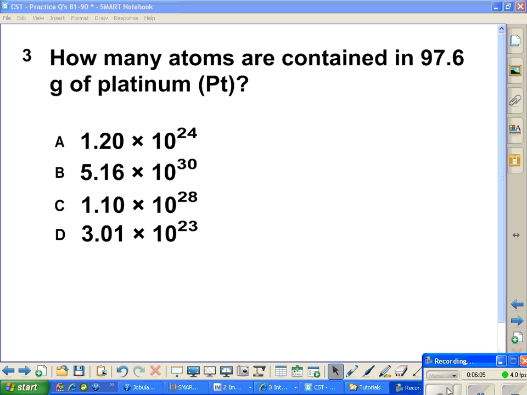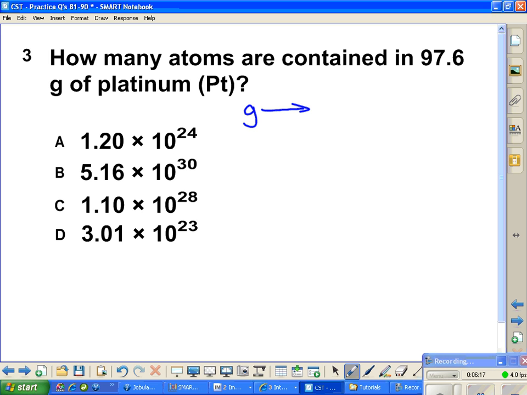Here we are with another calculation problem, and we're going to have to change grams into atoms, not molecules, atoms. To do that, we're going to take grams and go to moles, and then put that into atoms. All of this has to do with platinum.